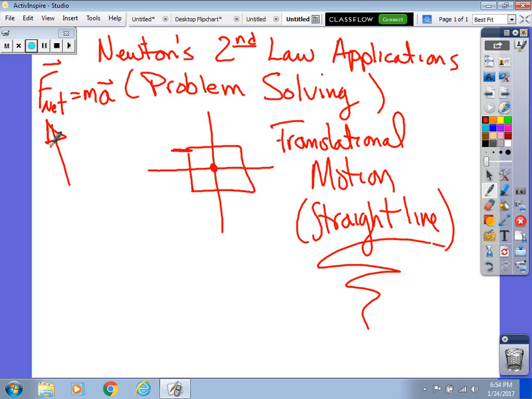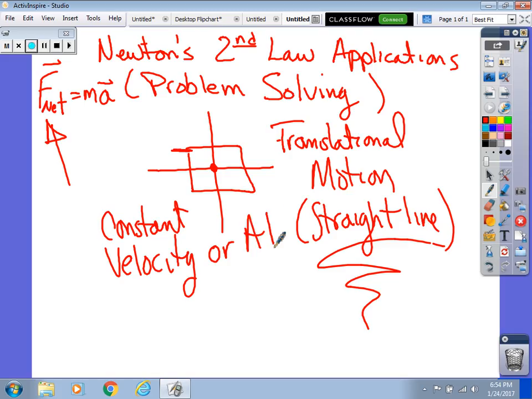So buzzword number 1, right? Constant velocity, or at rest. If those two words appear anywhere in the problem, they're telling you that the net force is equal to 0.